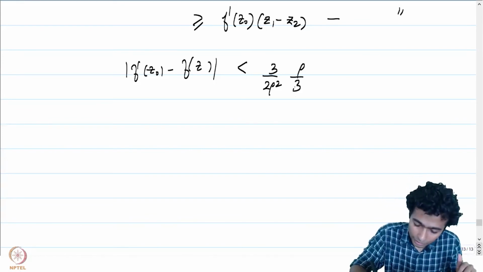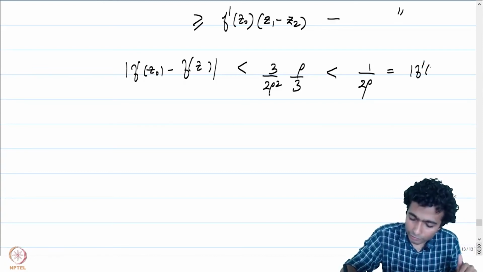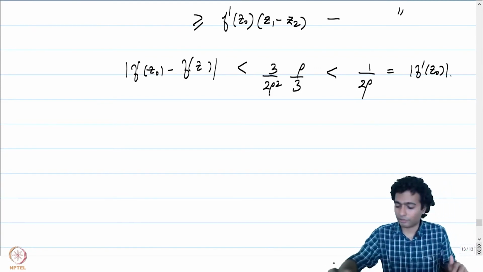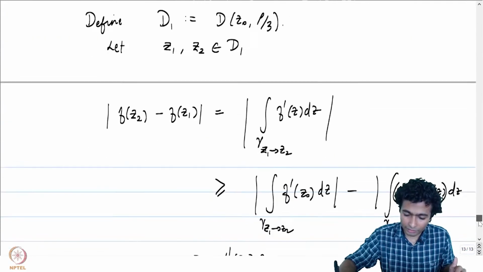So this is going to be strictly less than 1 by 2 rho, but that's precisely equal to the absolute value of f prime at z naught. That's the choice, right? So we have made all the choices so that it fits perfectly when it is needed.